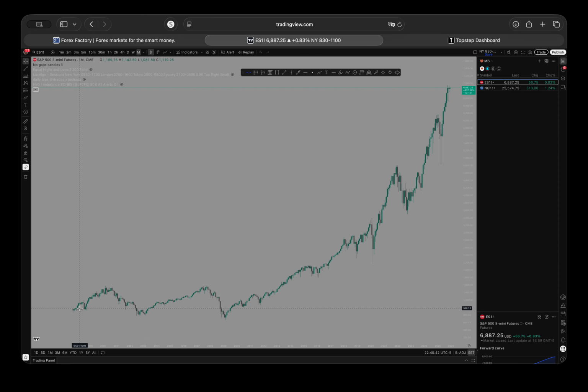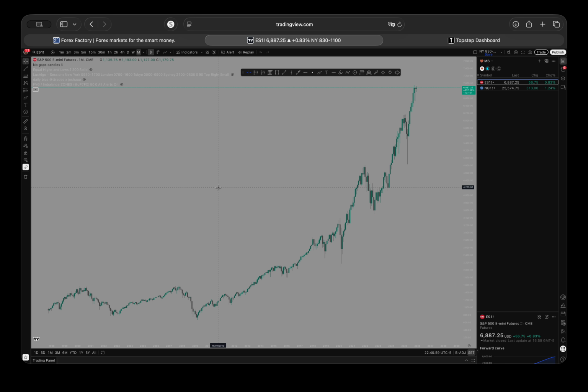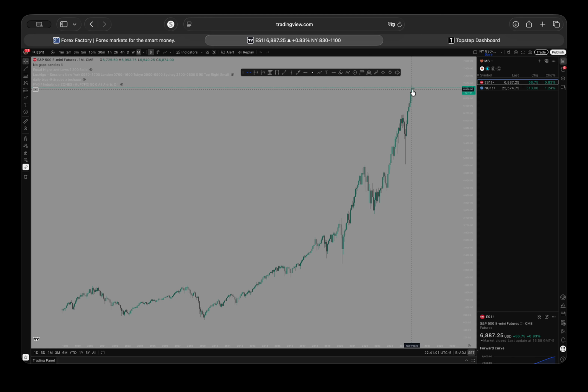It went up this way, dipped down here, went up this way, dipped down here, and has kind of steadily been on this incline, climbing up. This lets me know what the market has done for 30 years or so. This is per month. This is cool.